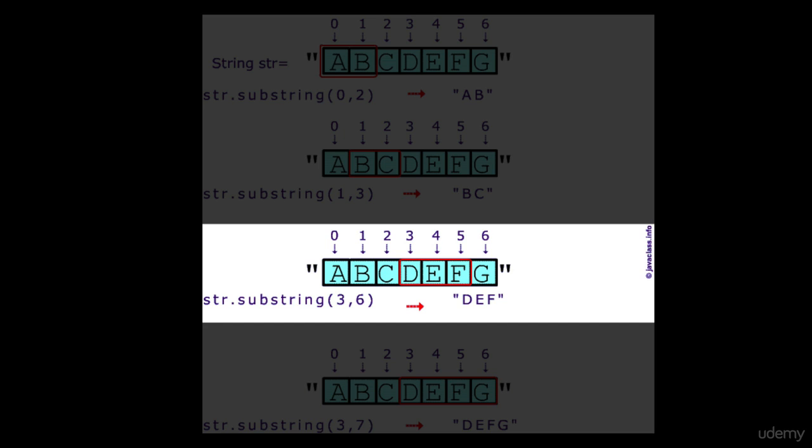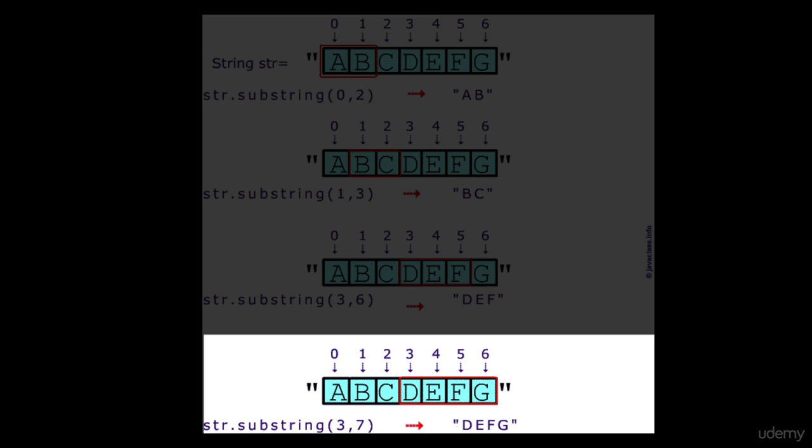And in the beginning, it might be a little tricky for you to pick this up, but with a little bit of practice, if you haven't seen this before, it'll be much, much easier as you practice this stuff. So let's look at the final example. We start from index number 3, which is the character D, and then we go up to 7, okay?